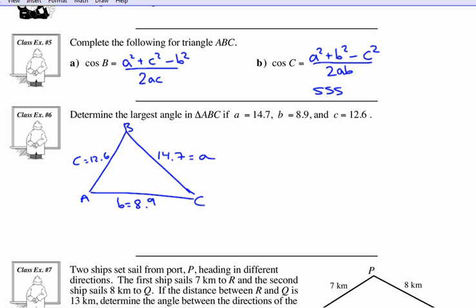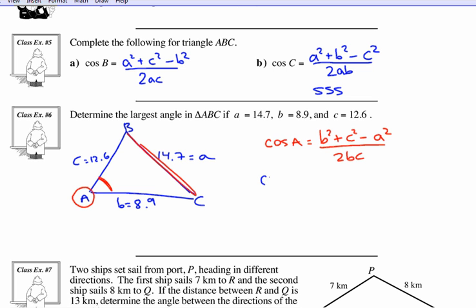Determine the largest angle. Well, you could waste a lot of time figuring out all your angles, or you should know that opposite the largest side is always the largest angle. And so since 14.7 is the largest side, I want angle A. So cos of A is what we're looking for. So the formula would be b squared plus c squared minus a squared all over 2bc.